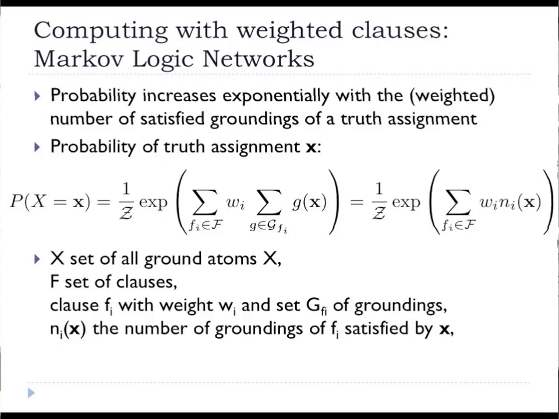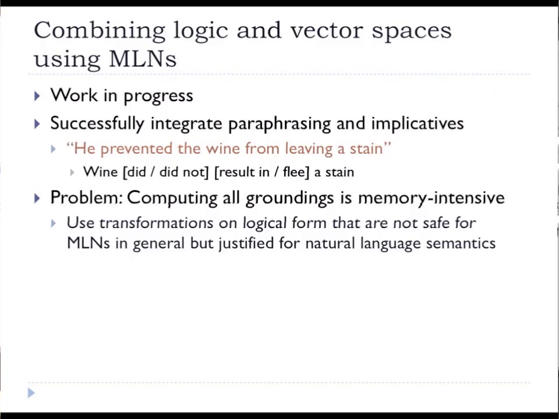Basically, the probability of a truth assignment for your variables increases exponentially with the number of satisfied groundings of a truth assignment. So this is work in progress, though.